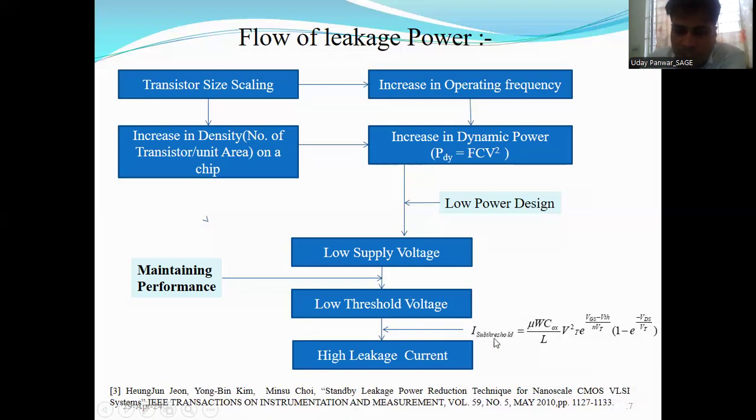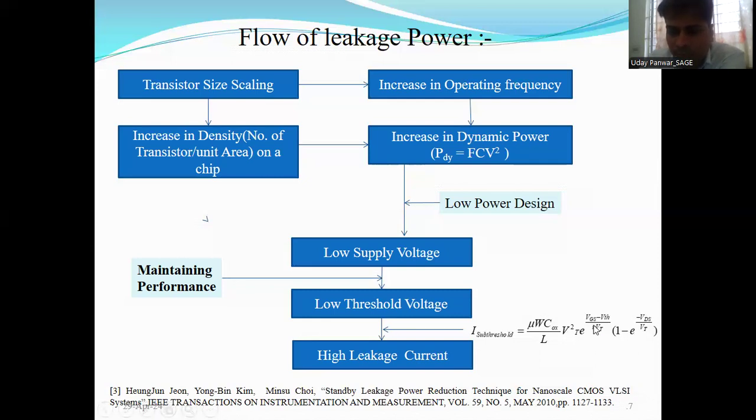So this leakage current is proportional to the mobility of the charge carriers. W is the width of the transistor. L is the length of the channel, the drain to source distance. C ox is the oxide capacitance. V T is the thermal voltage, or the temperature dependent voltage, which is 26 millivolt at room temperature.